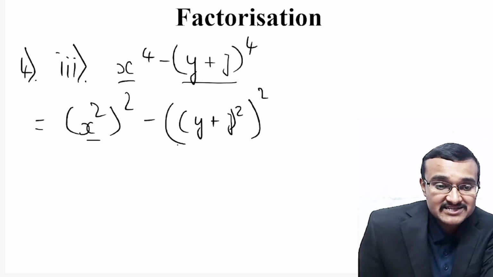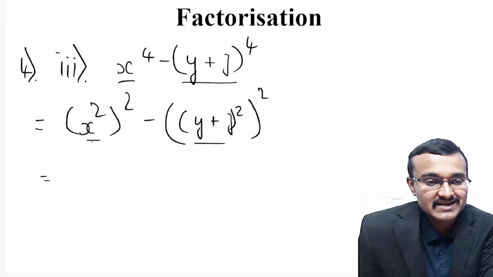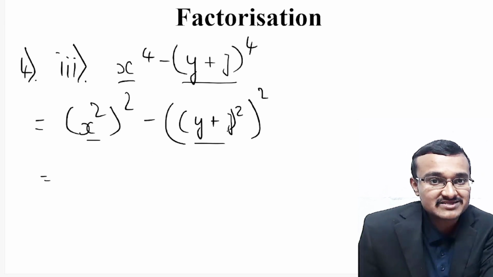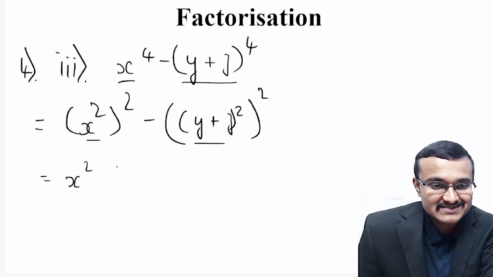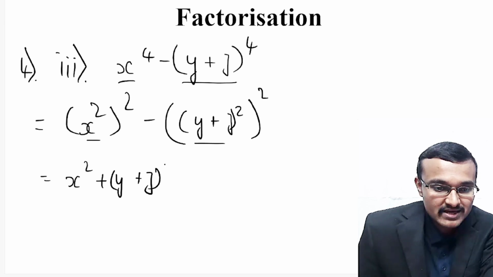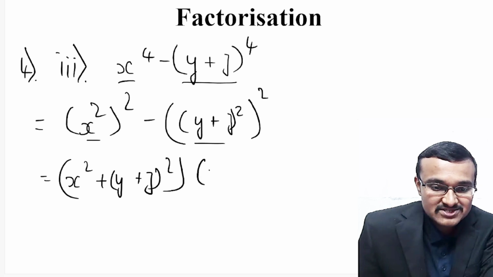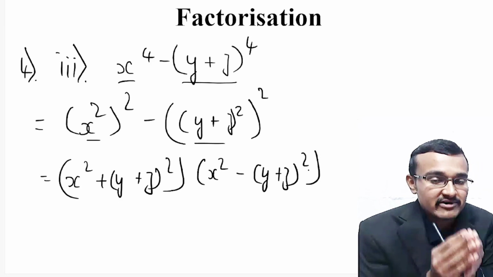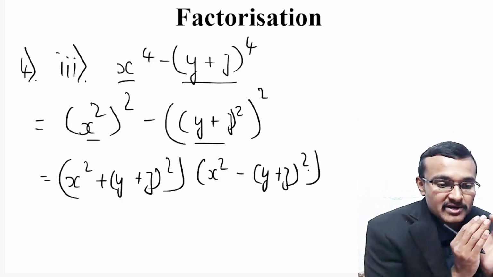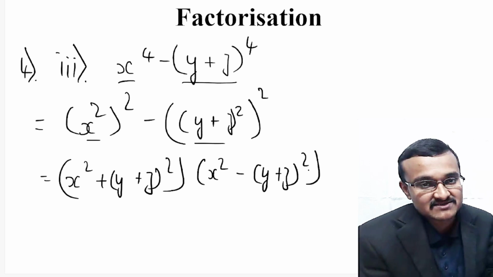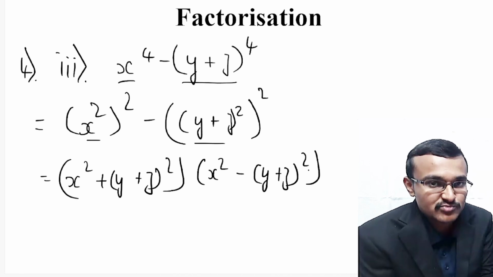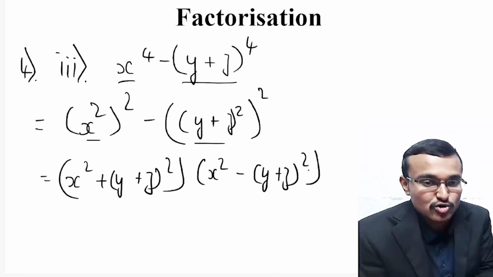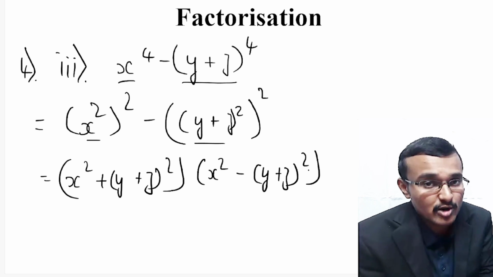So this is in the form of a square minus b square. So here a is x square, b is (y plus z) whole square. So you can write this as (x square plus (y plus z) whole square) into (x square minus (y plus z) whole square). So brackets you should never make confusion. You should properly put brackets wherever it is necessary. Because if you get confused in putting brackets, then you can go wrong while solving these kind of problems.